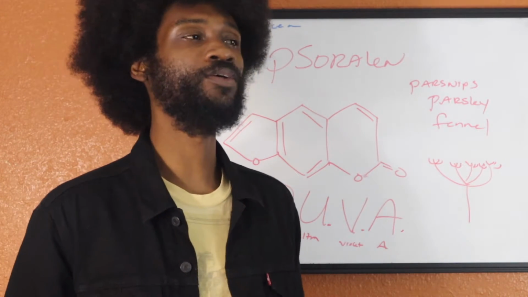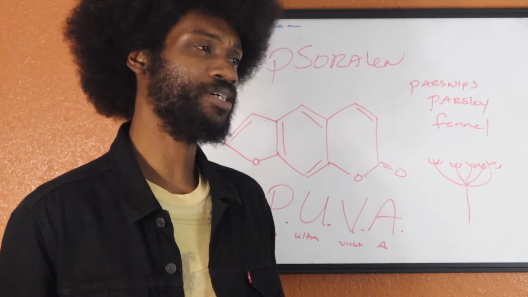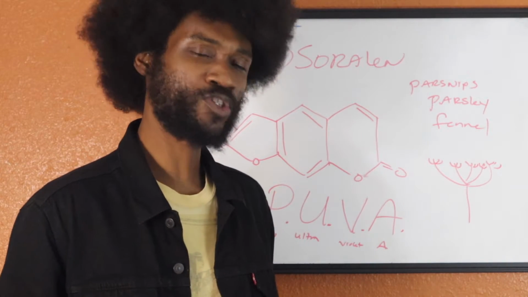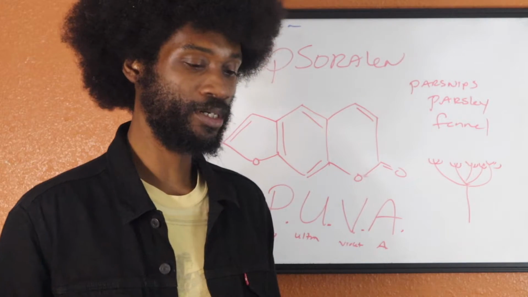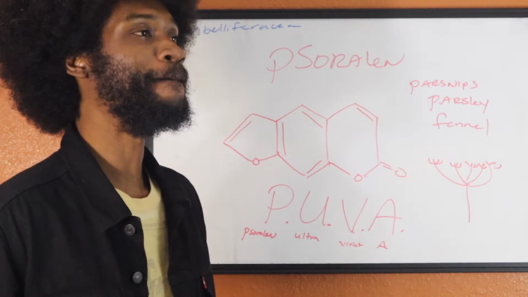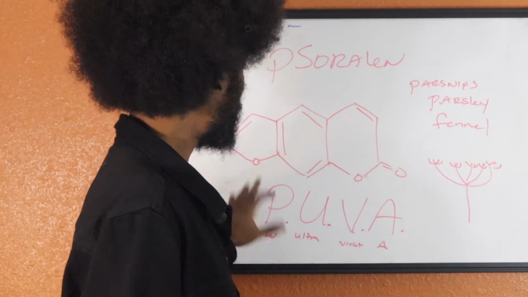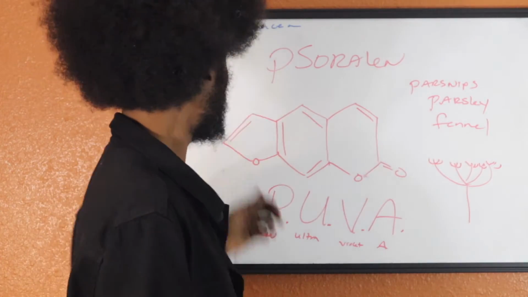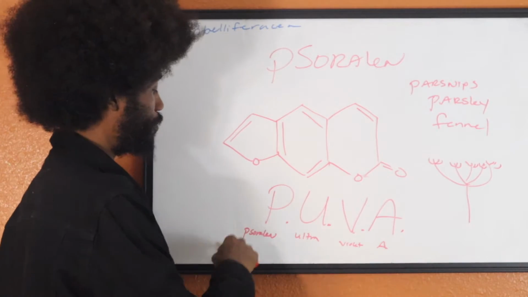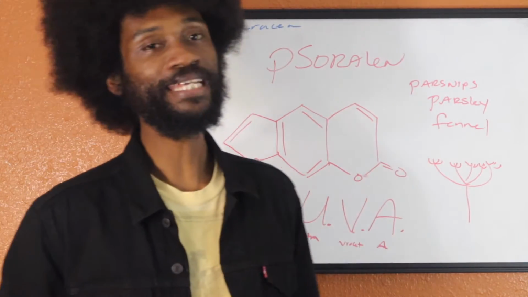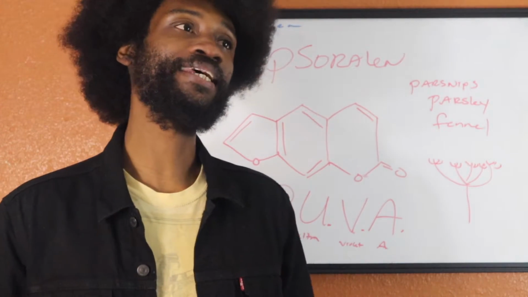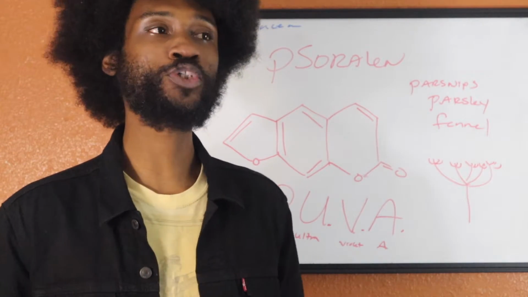So in vitiligo, in alopecia, which deals with balding and hair loss, with psoriasis and eczema and melanoma, plants that have psoralen are introduced by way of the skin, and then the skin is exposed to ultraviolet.